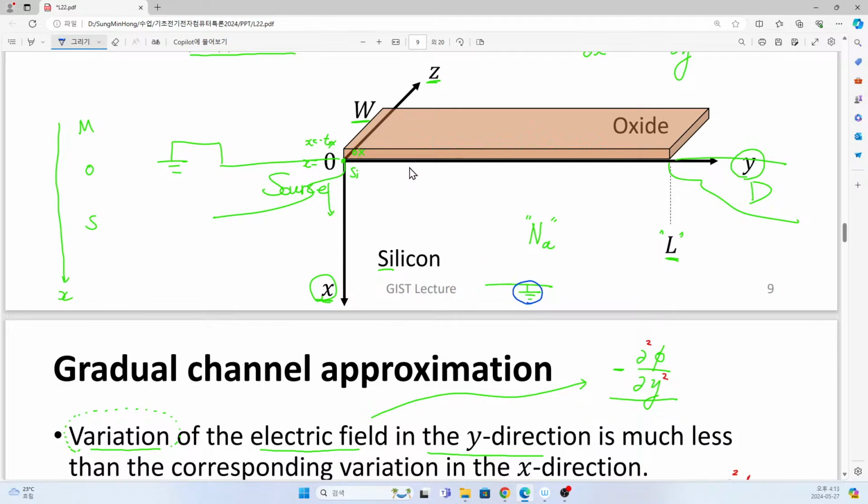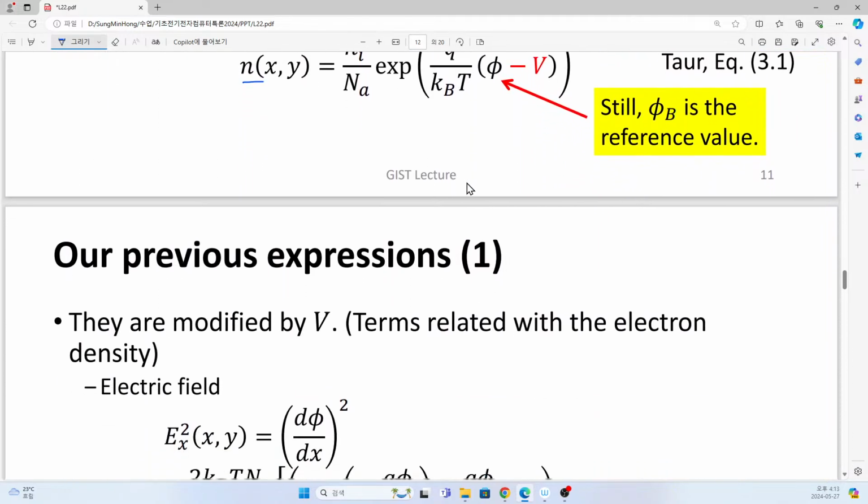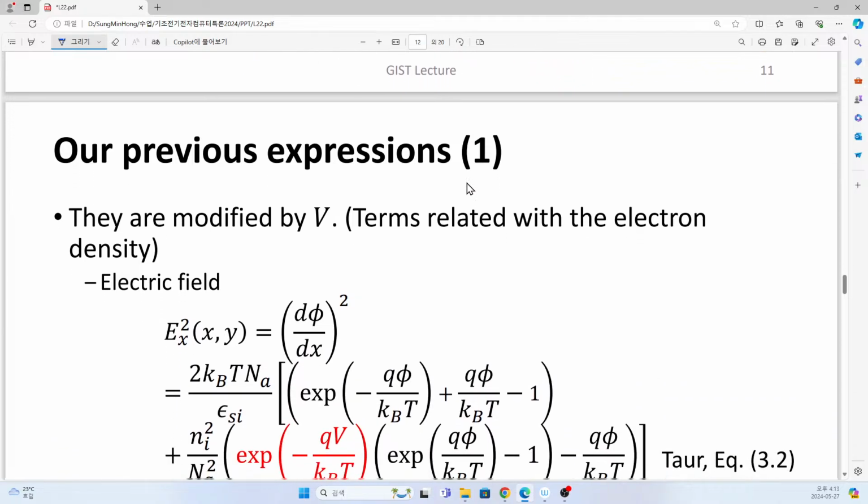It means that in our entire system, we can consider the hole quasi-Fermi potential to be just 0. Because this contact is p-type, this material is p-type material, and this is a p-type contact, so this one directly affects the entire p-type region. So we can say that the hole density just looks exactly the same as before.